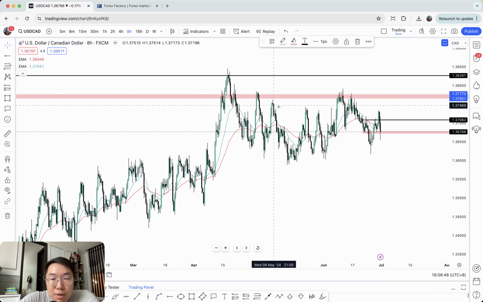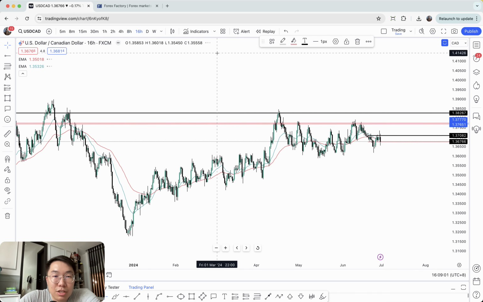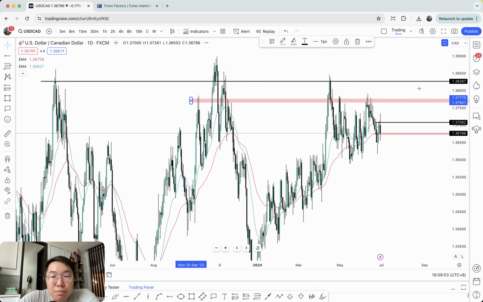Then we got multiple failures to go back to the high. It seems like a bull flag here, a push through, and guess what? It still failed at 137.72. One time, another time. When price forms so many rejections on a high time frame, although it's bullish, I will conclude that short term we are going to see a deep retracement into the following major support.